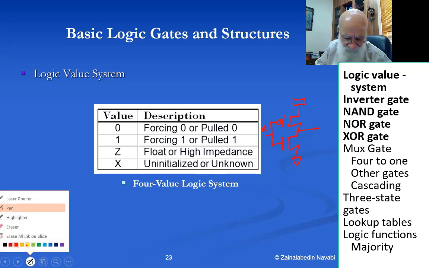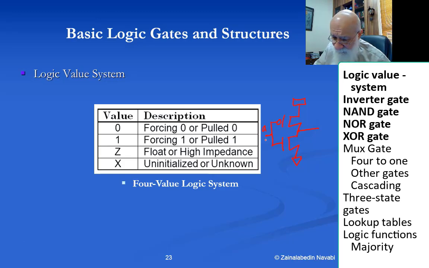If the A input is 0, the lower transistor is off and the upper transistor is conducting, and therefore I have a path from my supply to my output, and therefore I call this a forcing 1. That means it's a real 1, it is driven 1, which is this value over here.